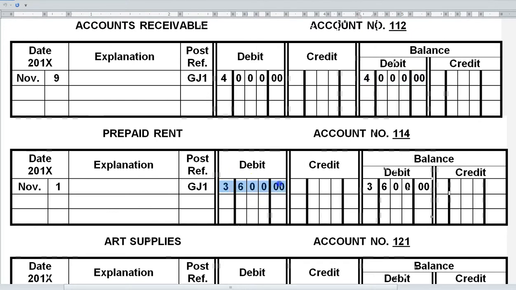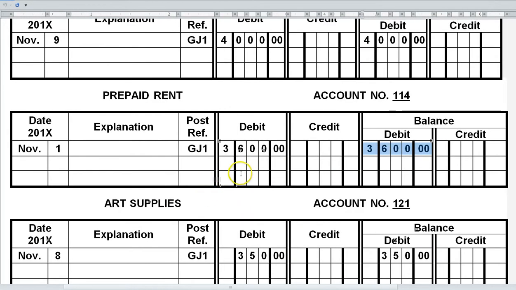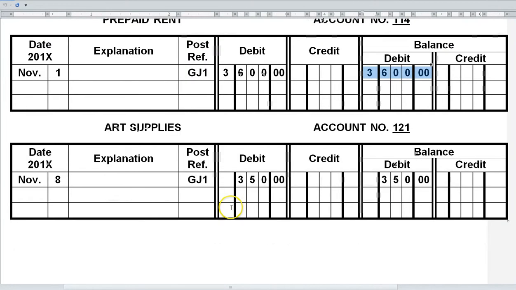We still have the whole $3,600 in the prepaid rent account, but as you're going to see in the next chapter, we have to adjust that for the amount that gets expired from that 3,600. So you'll see in the next chapter a reduction to that prepaid rent account, leaving you with a balance less than 3,600.